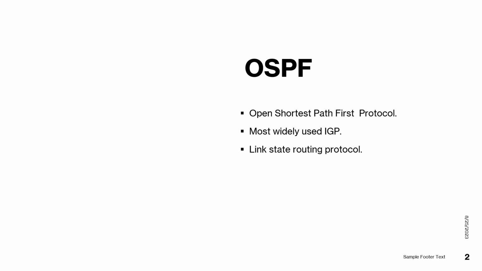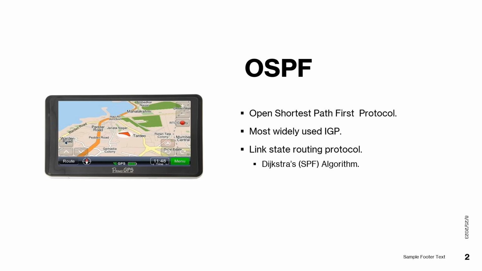OSPF is a link state routing protocol. A link state routing protocol uses the SPF algorithm, also known as Dijkstra's algorithm, to populate the routing table and find the shortest path to a destination or all known destinations. So link state protocols are like your navigation system.